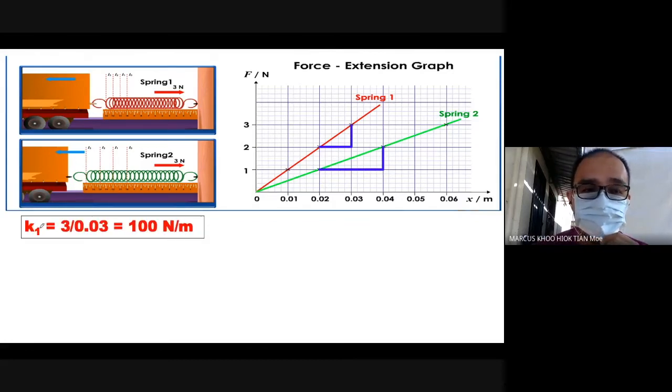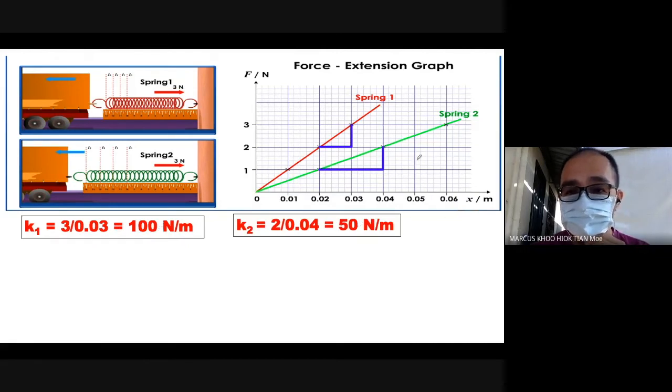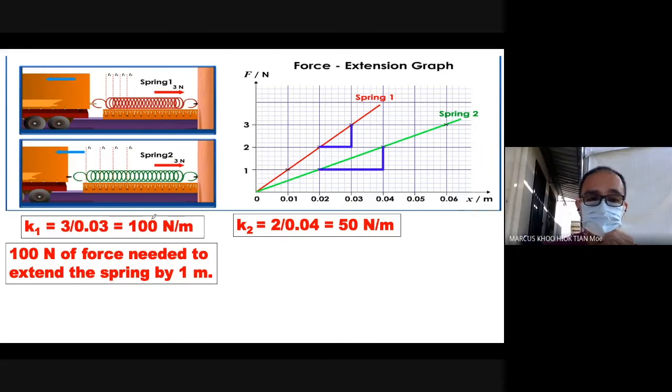Okay, so for example, let's say this spring constant is 100. And then the second spring constant, which is this one, look at the gradient, the gradient is smaller. Spring 1, the gradient is bigger. And we already said if the gradient is bigger, then the spring constant is bigger. So what does this mean? This 100 means that you need 100 newtons of force to extend the spring by 1 meter.